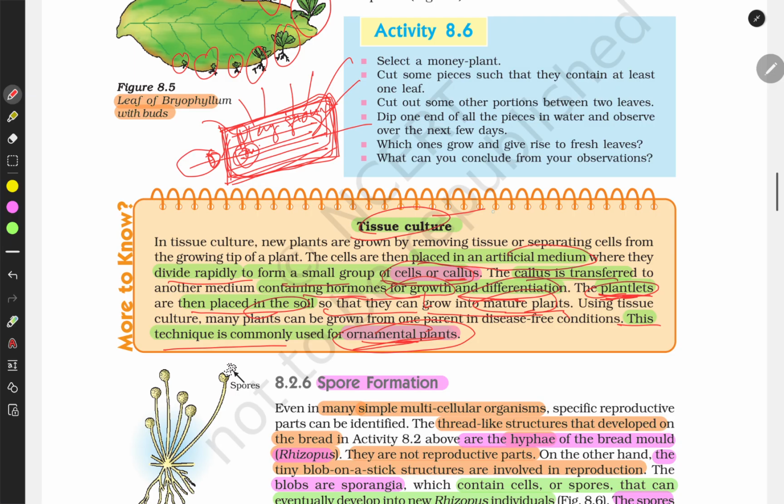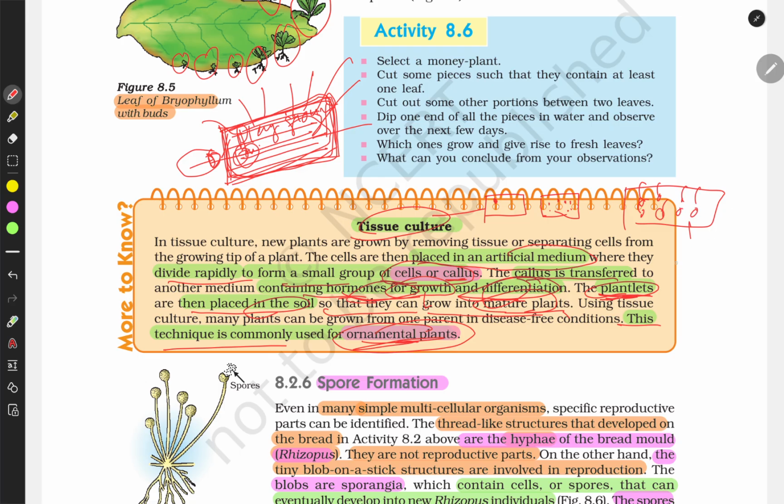So in a plate of tissue, a single cell is placed there for reproduction, and it will asexually reproduce into many daughter cells. They will then be placed into a different medium where they are injected with some growth hormones for differentiation, so they will become small plants.